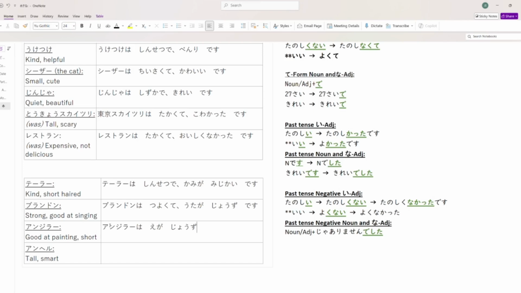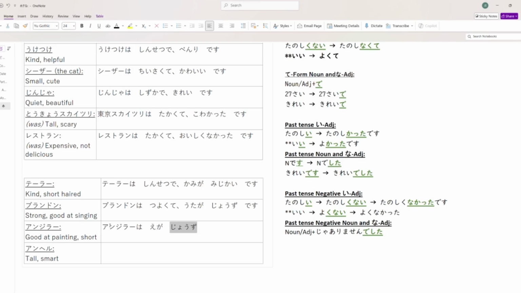And then we used short just a bit ago, when we were talking about short hair. Real quick, what do we need to do here? We need a te in here. We need to te-form this. What do I do when the phrase is first? Jozu.